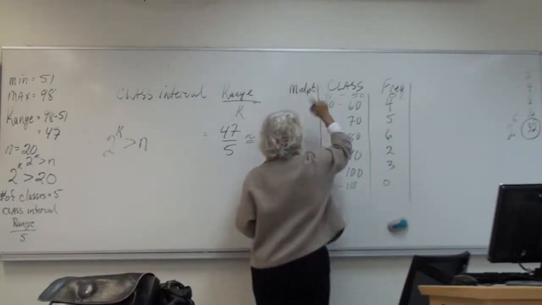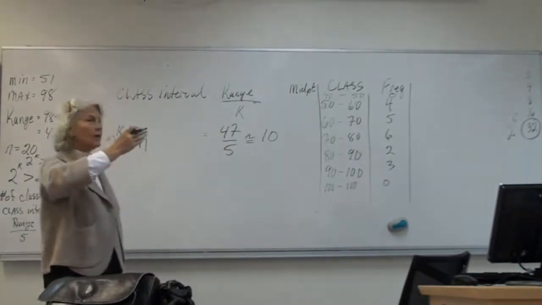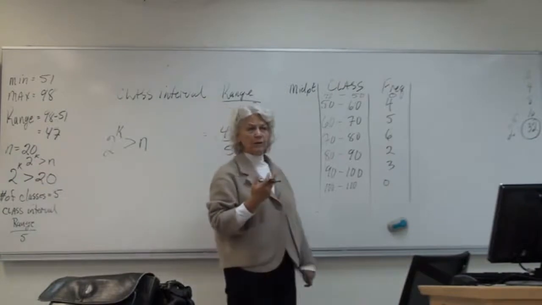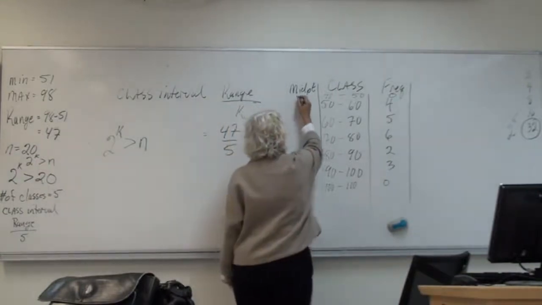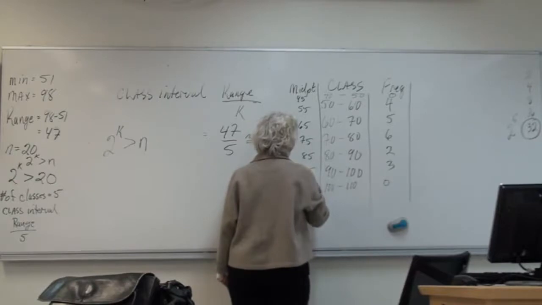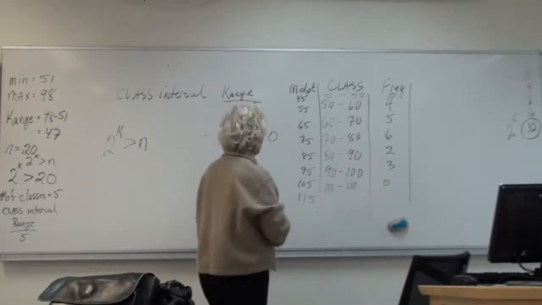I'm going to put it out here just so that you know that's the x value and the frequency is the y. So what's halfway between 40 and 50? So 45, 55, 65, 75, 85, 95, and 105.